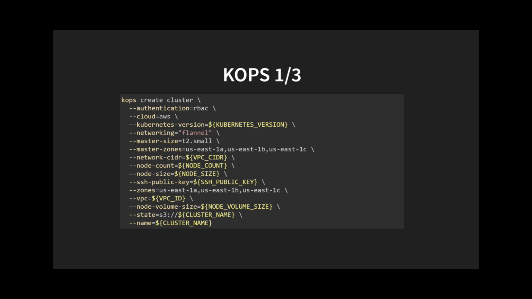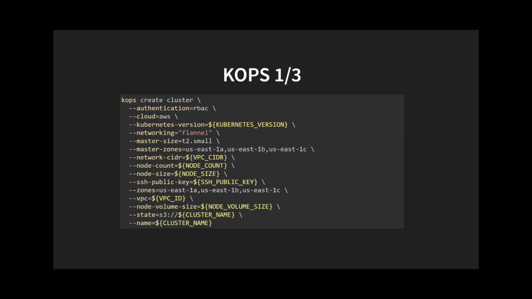So we're going to use Kops, which is a CLI tool, freely available to everybody. And we're going to use the Kops create cluster command to start the initial step of creating our cluster. There's a couple of flags that we set here. We're specifying that we're running in AWS. We're specifying the low-level network driver that we're going to use. We're specifying, and this is especially important, the network CIDR that the VPC lives in.